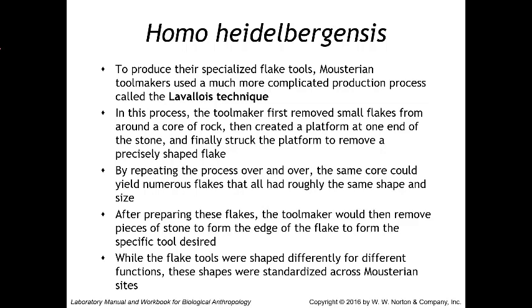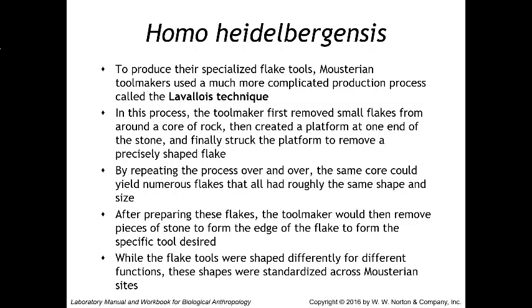After they'd prepared the flakes, the tool maker would then remove pieces of stone to form the edge of the flake, to form the specific tool that was desired. While the flake tools were shaped differently for different functions, these shapes were actually standardized across the Mousterian sites. So anywhere that you would find Mousterian tools, essentially it was the same standardized shape.